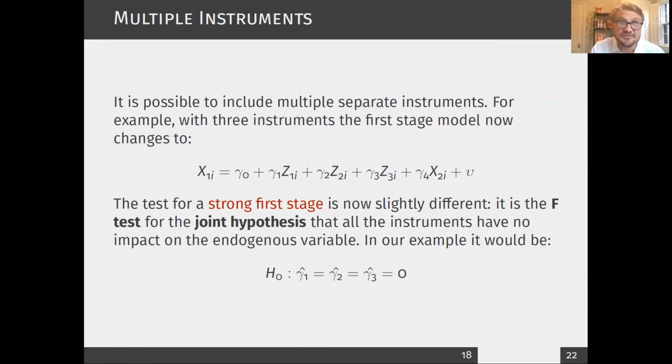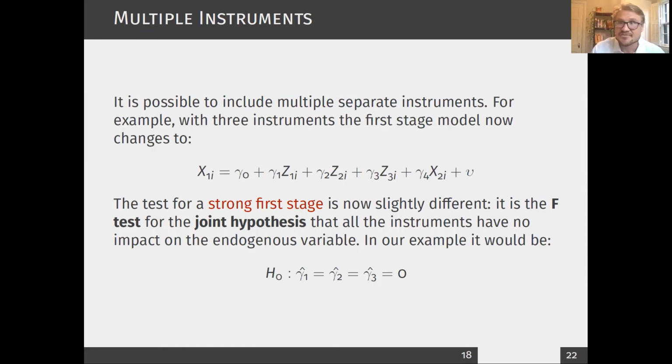The test for a strong first stage is slightly different. Now you don't just want to know if one of these relationships is significant. You want to know if all of them contribute jointly to explaining a lot of variation in the endogenous variable. You do this with an F-test, by testing whether they are jointly equal to zero, all three of these coefficients, meaning that none of them have any impact.